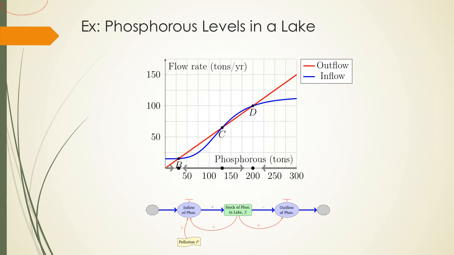For phosphorus levels just below 200 tons, the inflow is greater than the outflow. This means that the phosphorus level will tend to rise. For phosphorus levels just above 200 tons, the inflow is less than the outflow. This means that the phosphorus levels will tend to sink. In both cases, the phosphorus levels will tend toward the equilibrium, making this a stable equilibrium point.